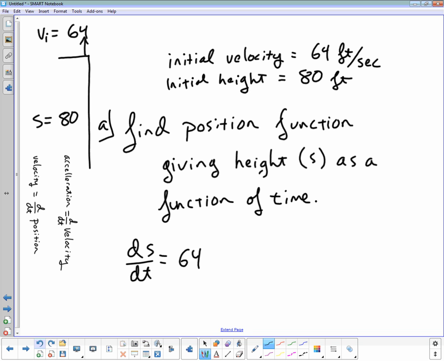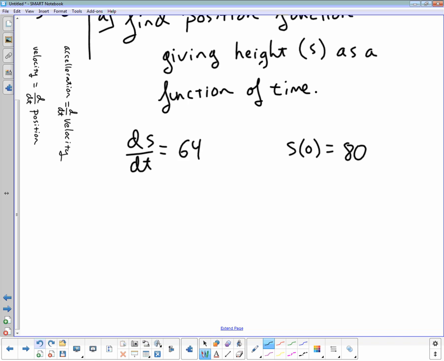We also have an initial condition, s is equal to 80. Position, height, displacement. Now, right now, at the initial condition, it is.